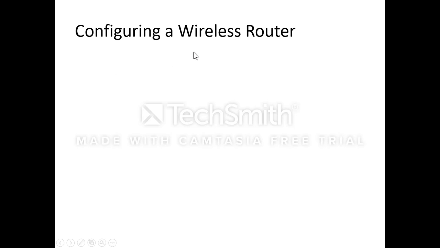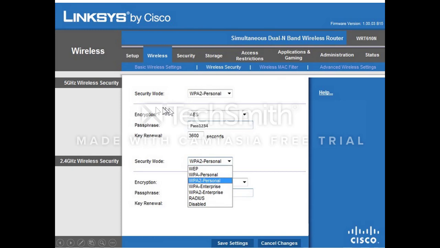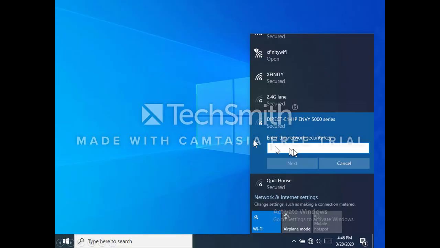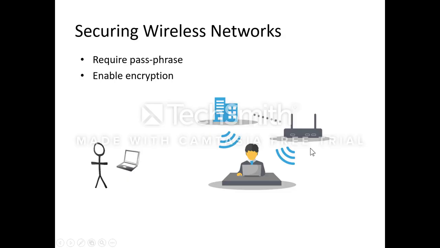To configure a wireless router for a passphrase and encryption, under encryption, you select the encryption method, for example, the Advanced Encryption Standard, and then you type in some passphrase. In this example, the passphrase is simply pass1234, probably a terrible password. So when the user tries to connect to the wireless router, the user is prompted for the passphrase or the pass key.